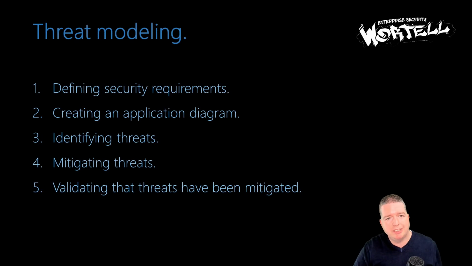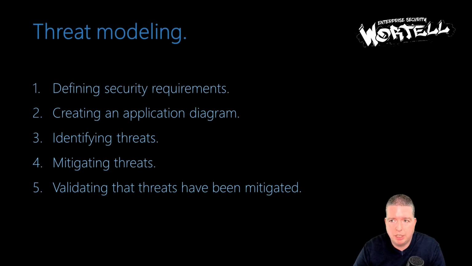But the question we get about use cases is very much about where to start. And the approach you could take is that of trying to model the threats. So define your security requirements, create an application diagram, look at how the application connects, which parts are involved, what things should we protect, and what are my crown jewels.